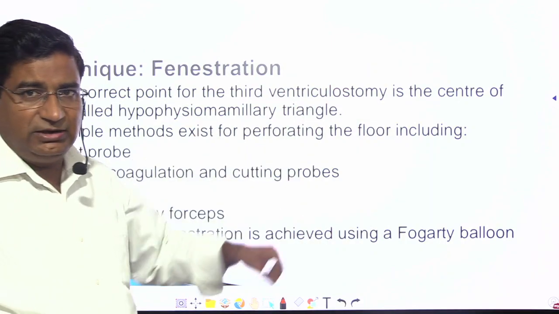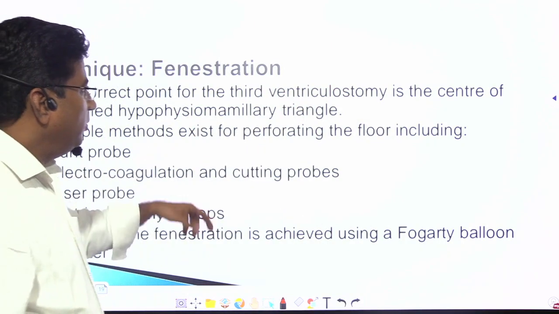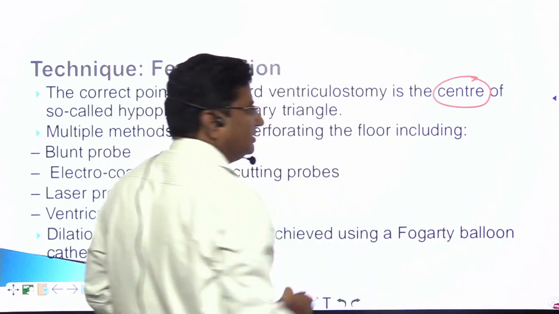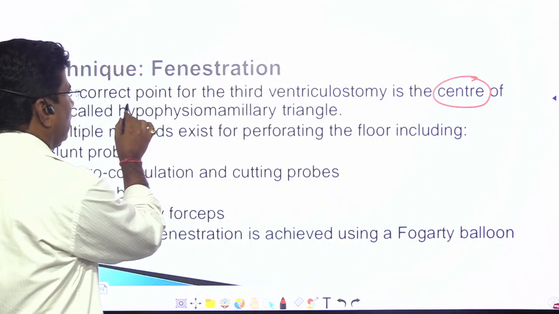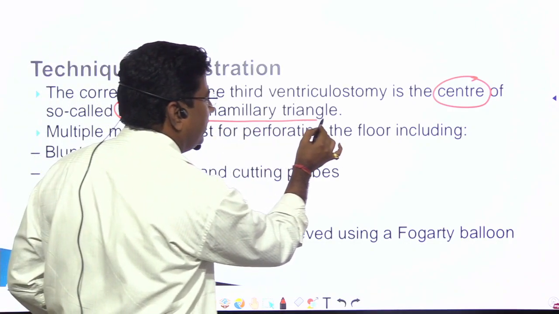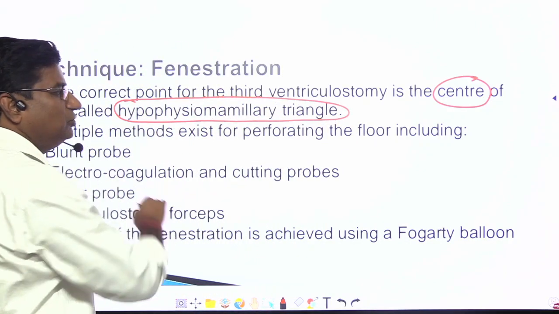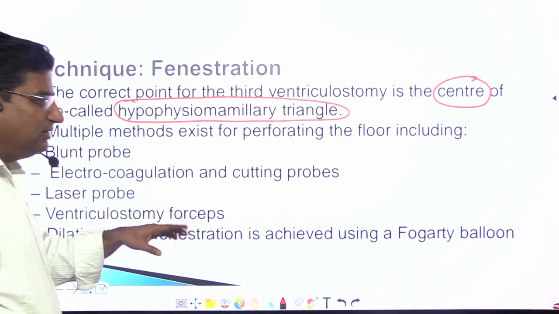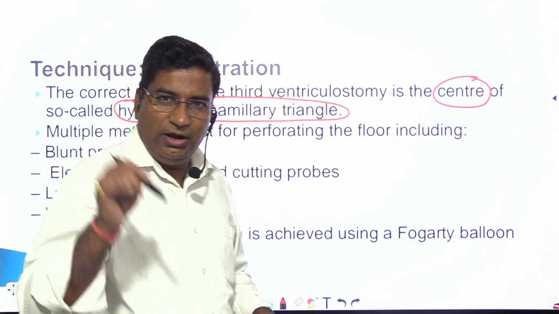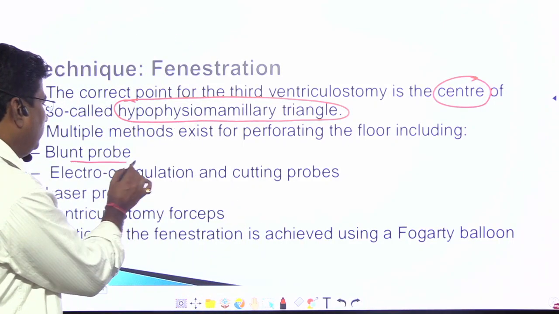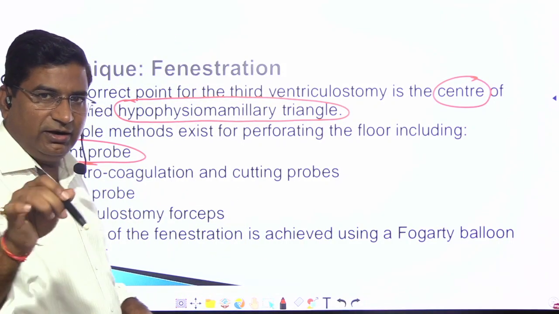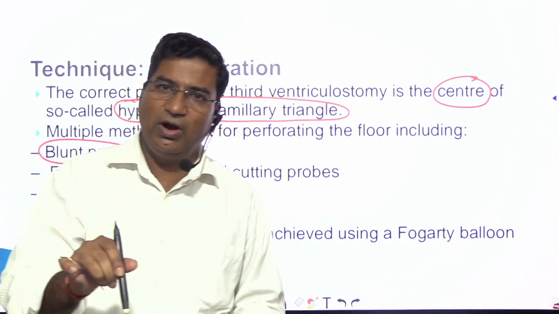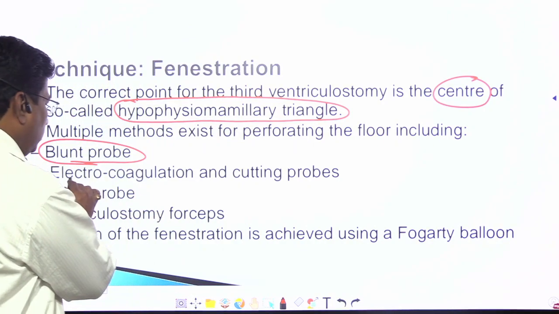Then technique for fenestration. The correct point for the third ventriculostomy is the center, as we discussed, center of the so-called hypophysiomammillary triangle. Multiple methods exist for perforating the floor, including blunt probe like Fogarty catheter, you directly probe the floor of third ventricle. Number 2, electrocoagulation.